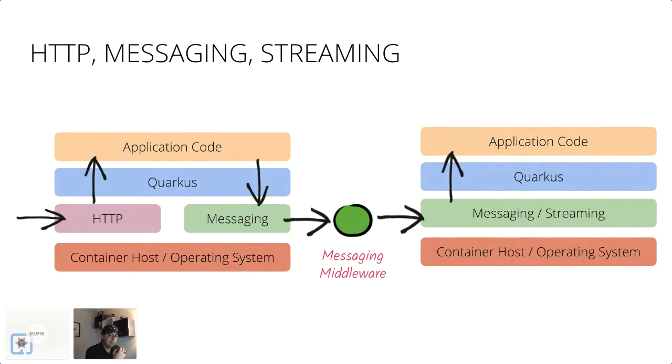We would need a development model which is much closer to CDI, or maybe even a CDI extension. And this is exactly what we are doing with MicroProfile Reactive Messaging. So you can imagine receiving an HTTP request, getting through Quarkus, getting some application code, and this code can say, hey, I want to send a message now.